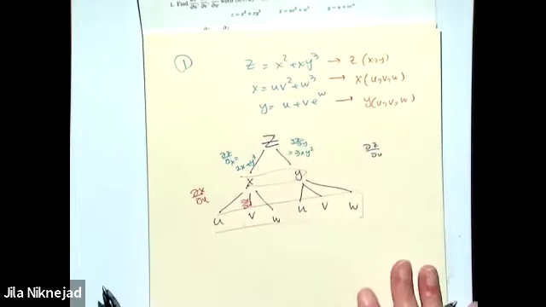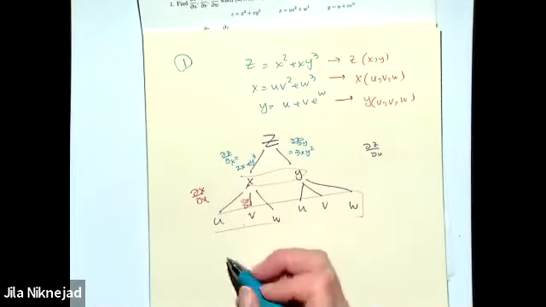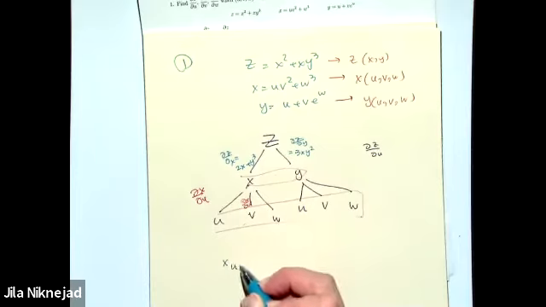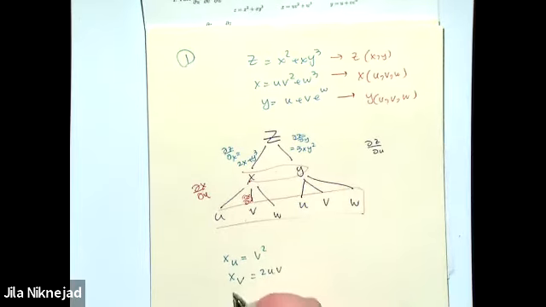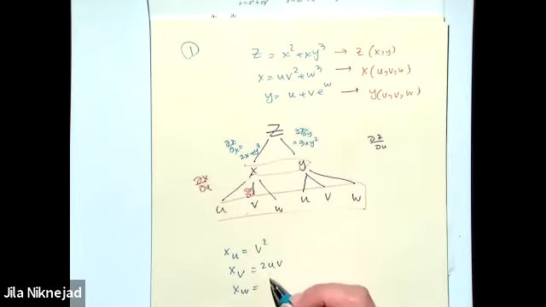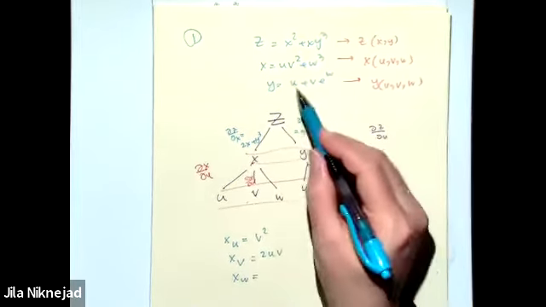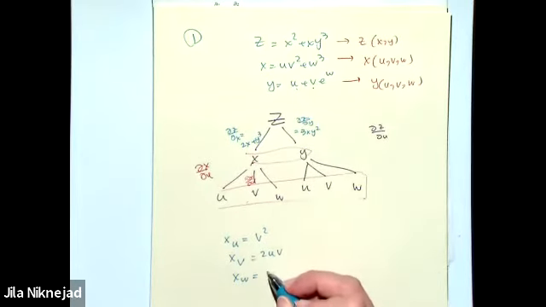But let's do those over here. So x with respect to u is going to be v squared. X with respect to v is going to be 2uv. X with respect to w is going to be v e to the power w.